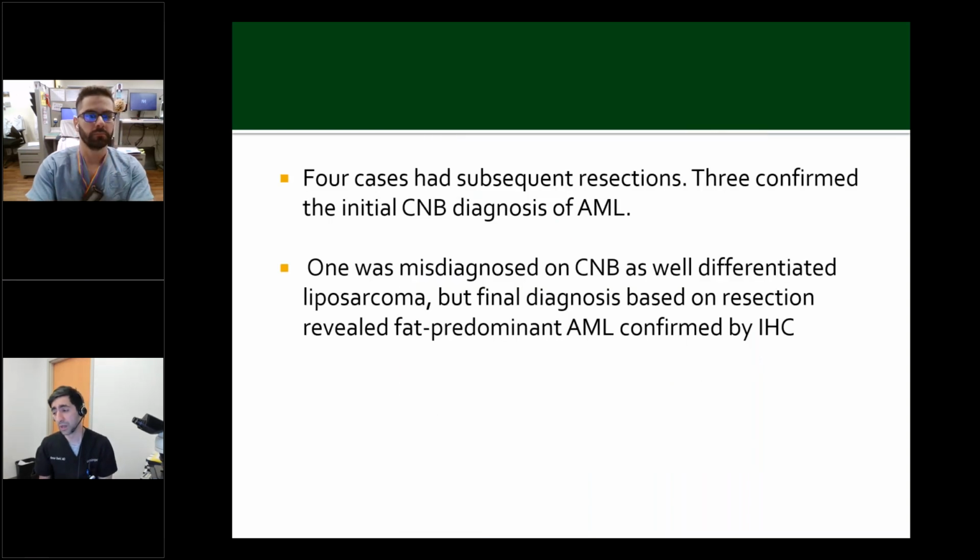Among the cases that underwent subsequent resection, the majority confirmed the initial core needle biopsy diagnosis of angiomyolipoma. However, only one case was initially misdiagnosed as well-differentiated liposarcoma, and when they looked at the core needle biopsies under the microscope on H&E, it turned out to be a fat-predominant angiomyolipoma, also confirmed by the IHCs.